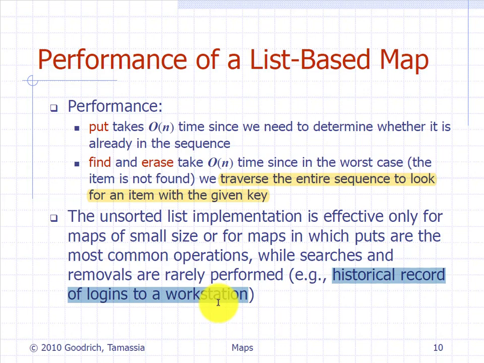Perhaps it's just the password or maybe the username or whatever the case might be, and it might be a very small list because per day perhaps there's only about 2 or 3 people who use the machine. We're not deleting things from here, we're not finding things, we're just storing the information in the rare case that we want to actually use it. So in that case it makes sense to use a list based representation because it's very cheap to implement one. It's not difficult to do.